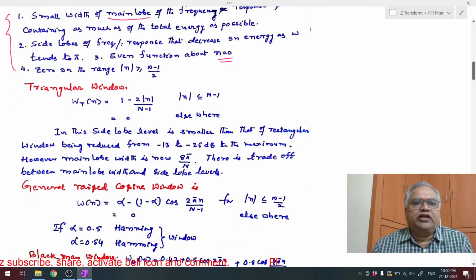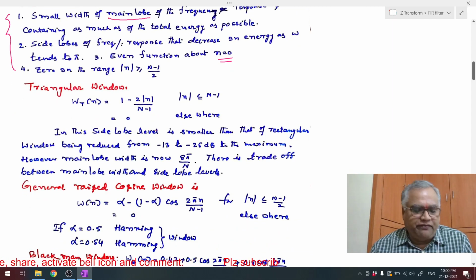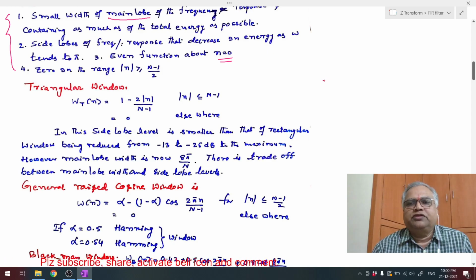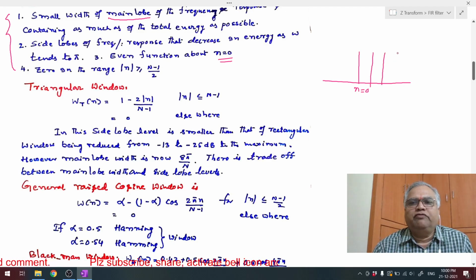Next we'll see the rectangular window. Now there are different types of windows. How is the rectangular window defined? This is n equal to 0. At 1, again value 1, like that. So we are always multiplying with 1.